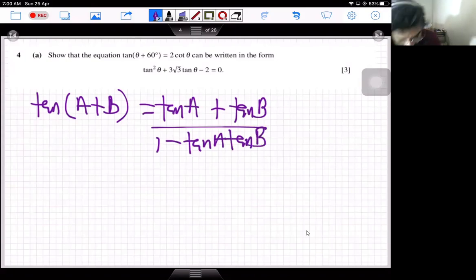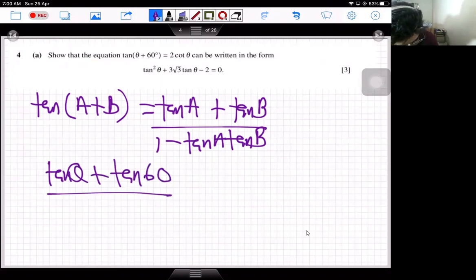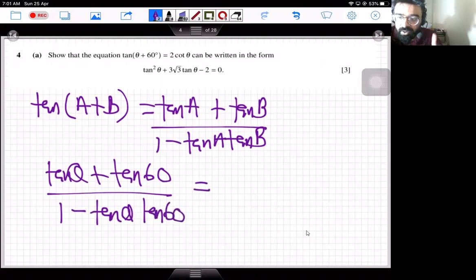All right, so tan(theta plus 60) is equal to tan theta plus tan 60 over 1 minus tan theta times tan 60, and this whole thing is equal to 2 times cot theta, which can be rewritten as 2 times 1 over tan theta, which is 2 over tan theta.